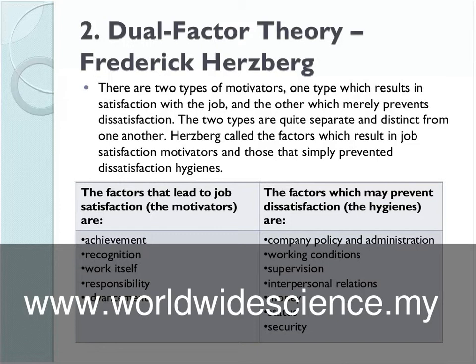For example, the company policy and administration: why is it seen as a dissatisfaction? For example, many employees may find the company policy restrictive, and they are dissatisfied with that. Working conditions: how and why are employees dissatisfied with the working conditions?